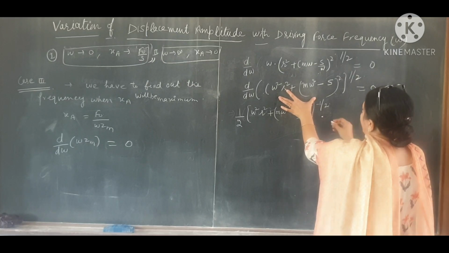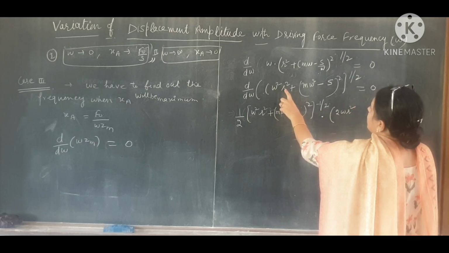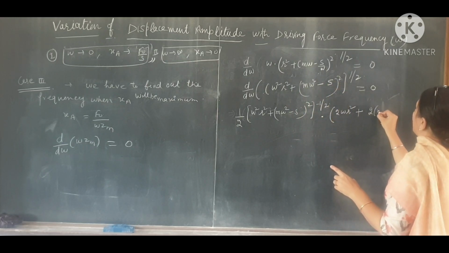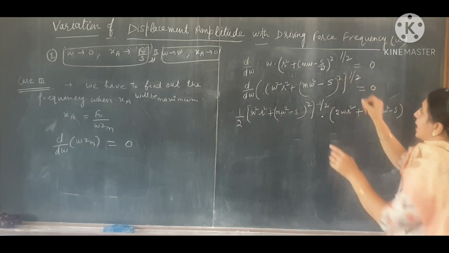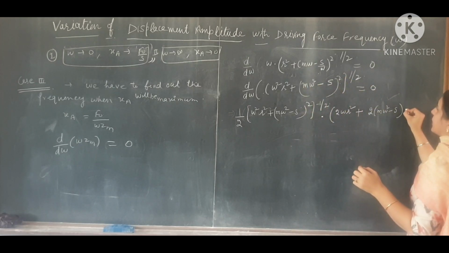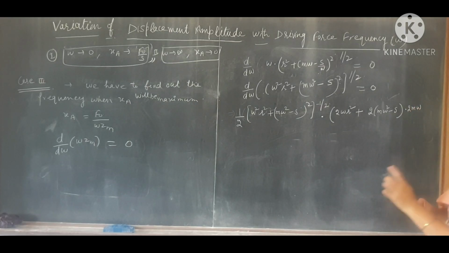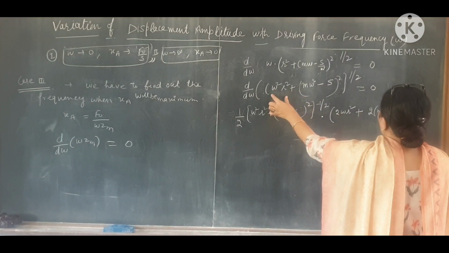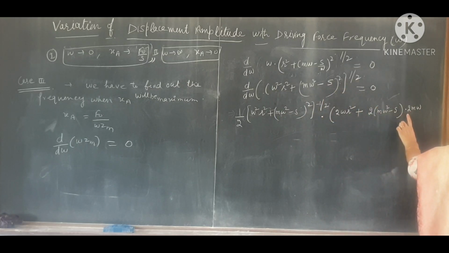The derivative of this term will be 2 omega r square plus 2 (m omega square minus s), 2 minus 1 is 1, into the derivative of this, which is 2 m omega. I am repeating again: this is minus 1 by 2, and the derivative is 2 omega r square plus 2 into (m omega square minus s) into 2 m omega.